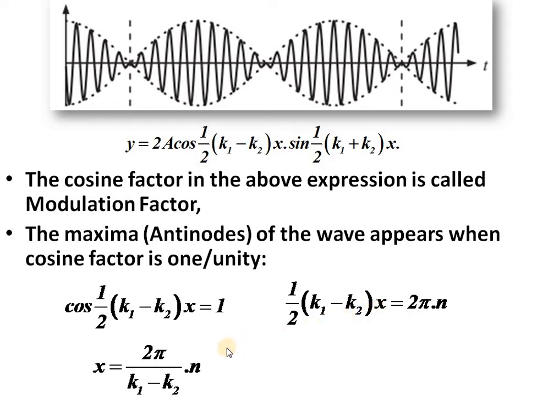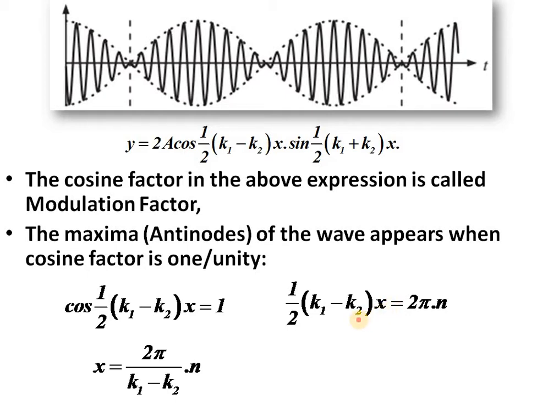That means if this is to happen, at what points on the x-axis can this happen? Keep in mind this is our x-axis. At what points can this be maximum? That is x equal to 2 pi by (k1 minus k2), as we have got from there.